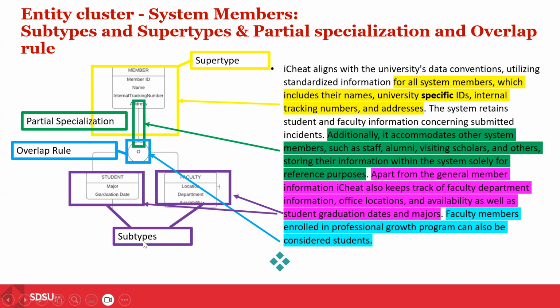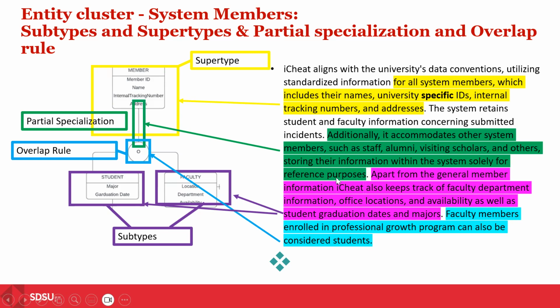Faculty and student are subtypes, and member is a supertype. In this case, we have partial specialization again because it says additionally it accommodates other system members such as staff, alumni, visiting scholar, and others, storing their information within the system solely for purpose of reference.